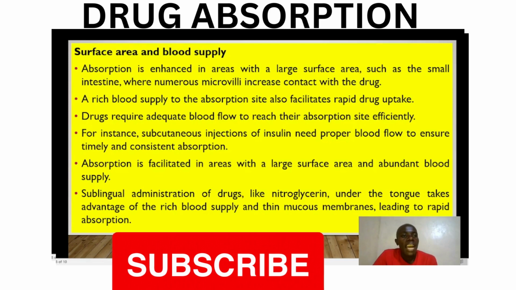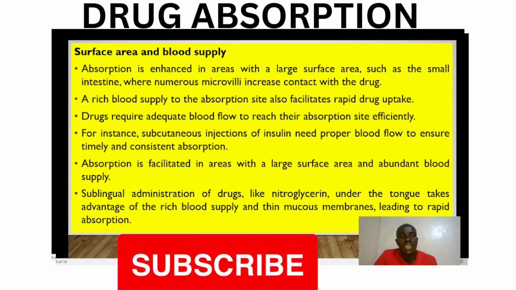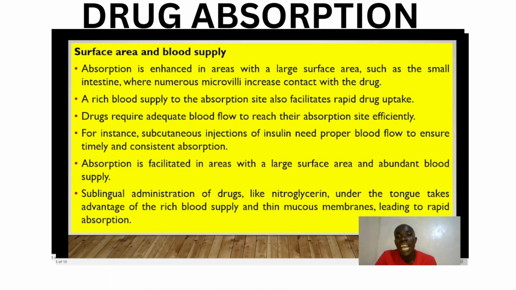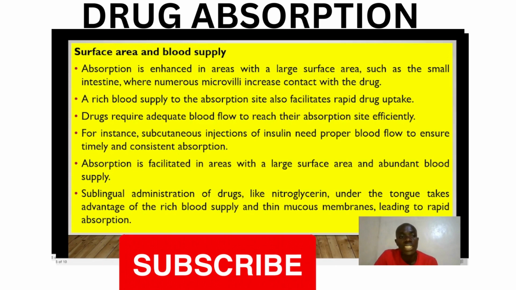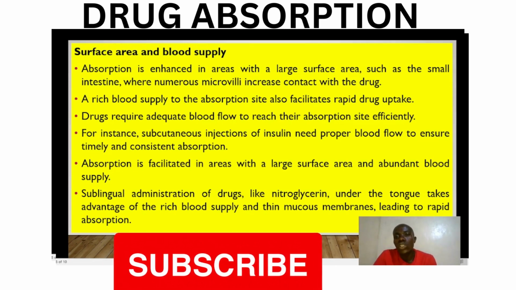We have the surface area and the blood supply. Absorption is enhanced in areas with a large surface area, such as the small intestines, where there are numerous microvilli to increase contact with the drug. A rich blood supply to the absorption site also facilitates rapid drug uptake.